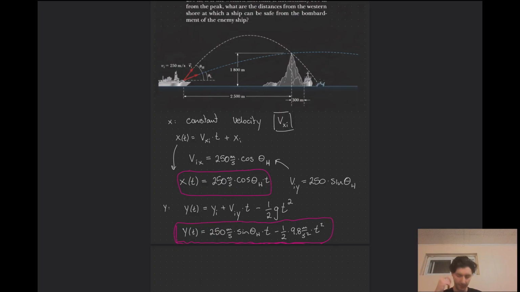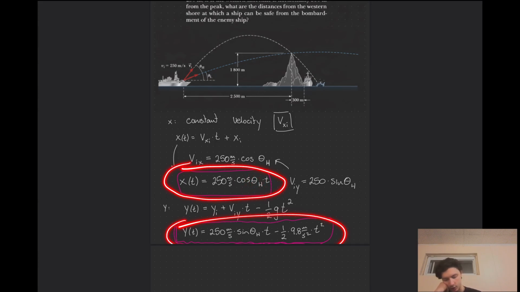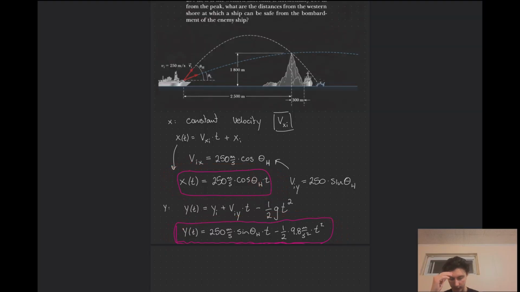I see. Hear me out, guys. If we find theta h, then the position equations are completely known to us. So currently the only unknown is theta h. That is missing here and here. If we know what theta h is, then we can find the x position as a function of time. So if we find what time the thing lands over here, then we can plug that time into here and then pull out the x position of this thing.